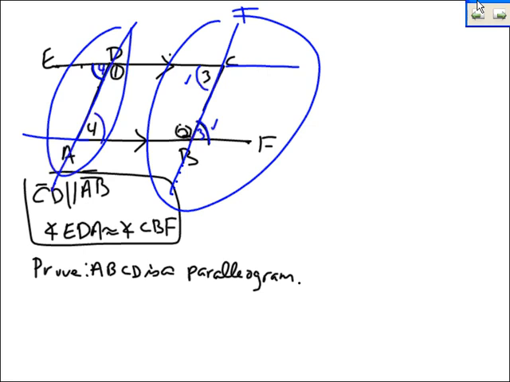So that's angle 4. Okay. Now, we were told that angle 1 and angle 2 are equal. So let me put a 1 there. Okay.